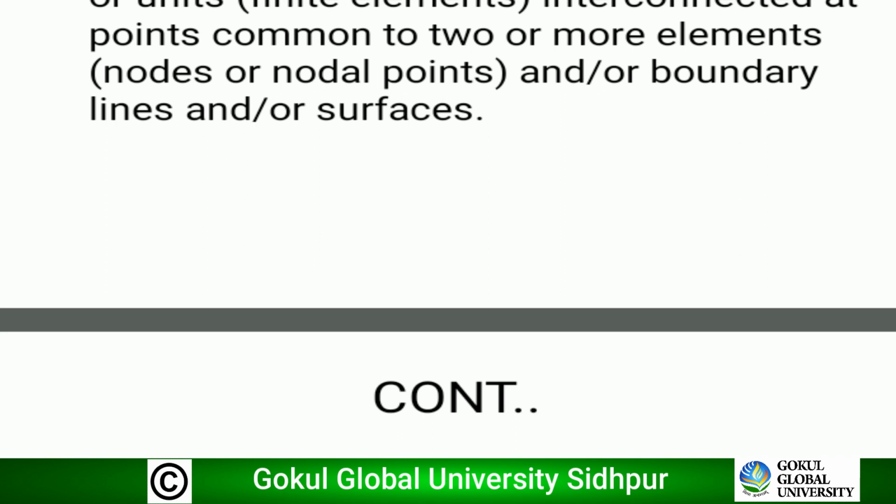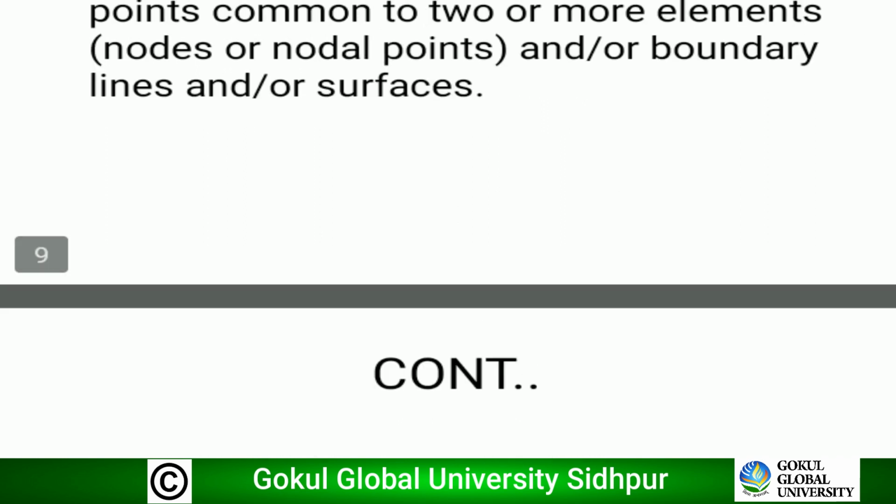Then move forward to the basic equation utilized in FEA applications, that is KQ is equal to F. Here the K is known as the element stiffness, which is in matrix equations. If we consider a 3-step bar, then your matrix would be 4 by 4, because each element is connected with two nodes.